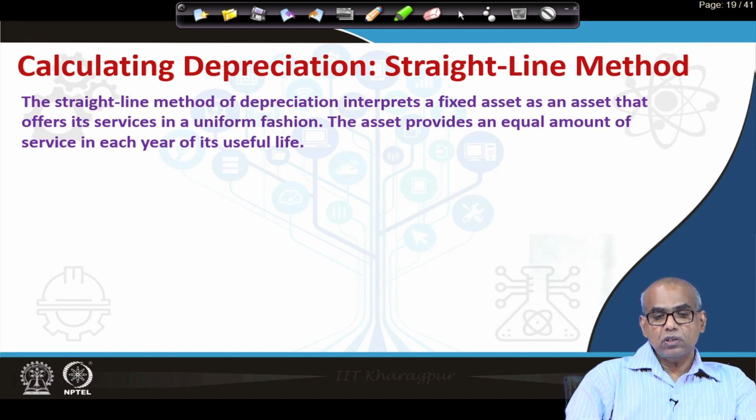The straight line method of depreciation interprets a fixed asset as an asset that offers its services in a uniform fashion. The asset provides an equal amount of service in each year of its useful life.